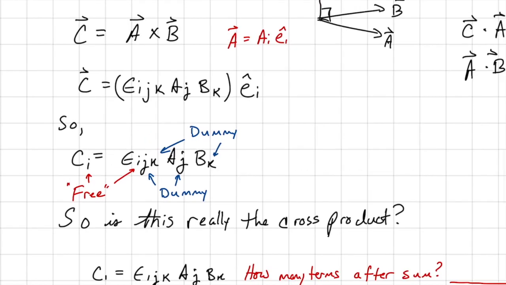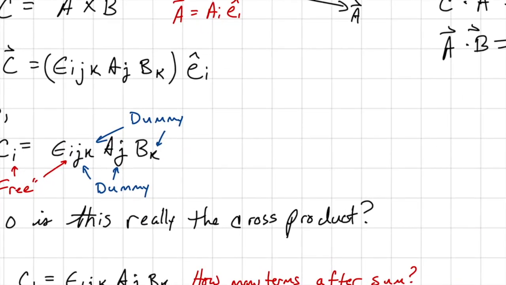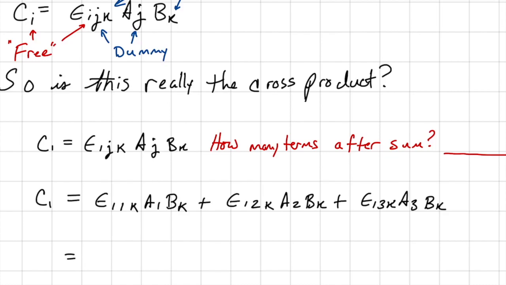Well, you're going to explore that in some homework coming up. So let's look first at the following. And I want you to pause the video here and think about what your answer is. If I write C1, that means epsilon 1jk, right? So this is a sum over j and over k. How many terms are we going to get from that sum?